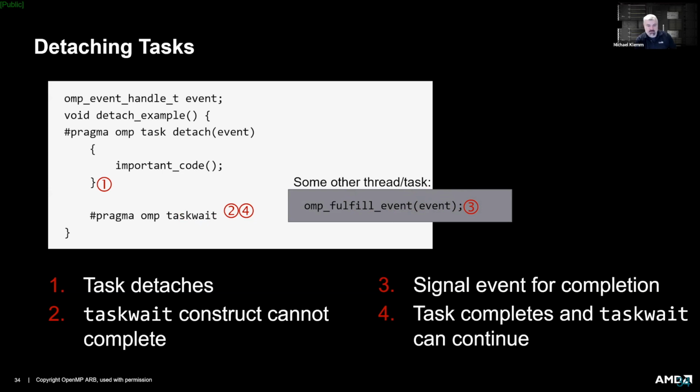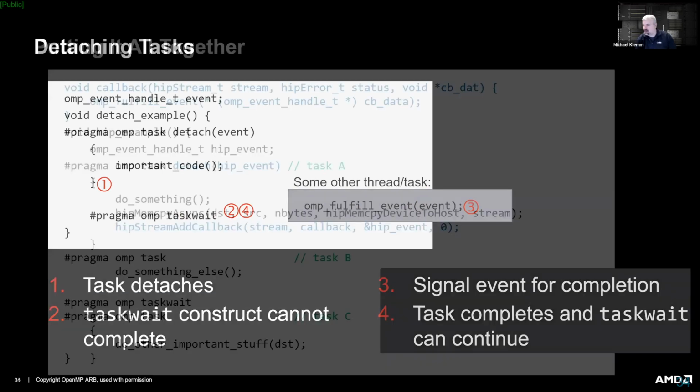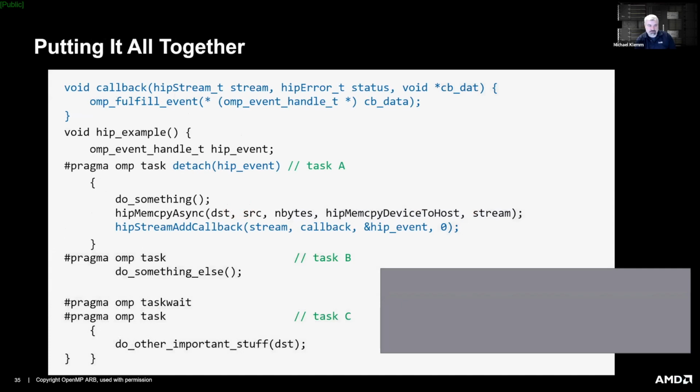All right, let's put all this together in a bit of code. What I'm doing here is adding a HIP event up here. I do a detach on task A, and the hipStreamSynchronize is actually gone from the code.